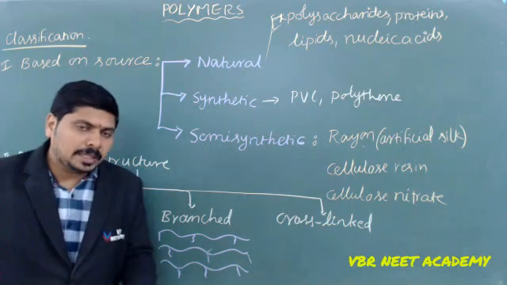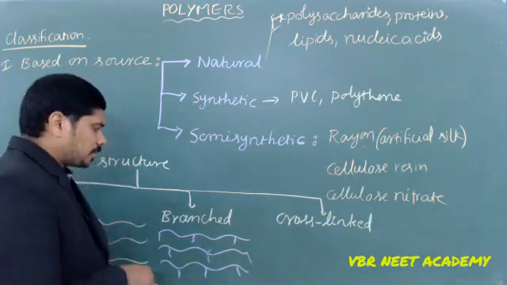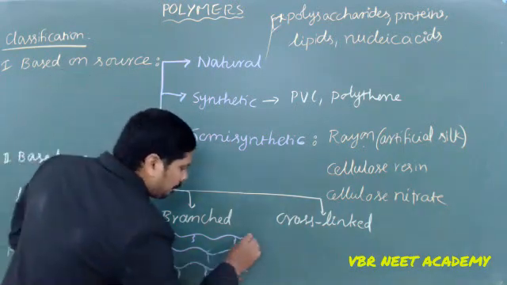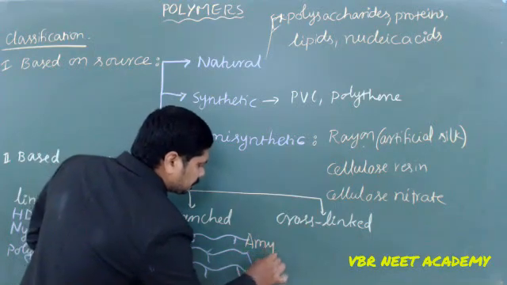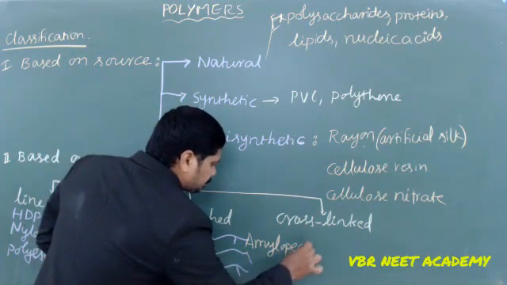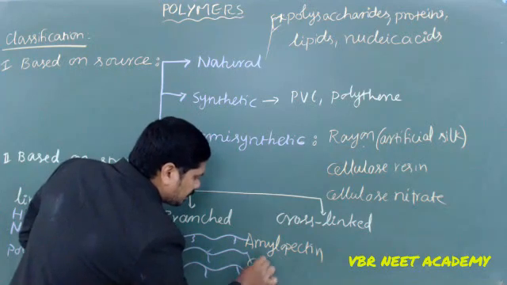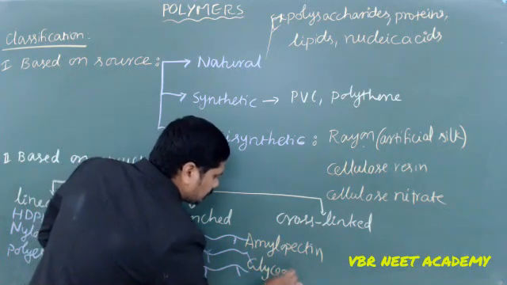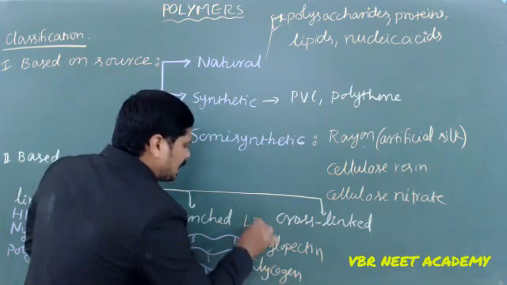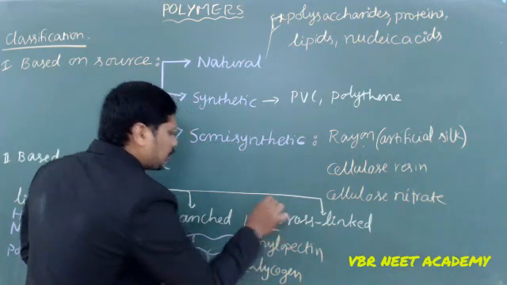For example, amylopectin, glycogen, and LDPE, low density polythene.